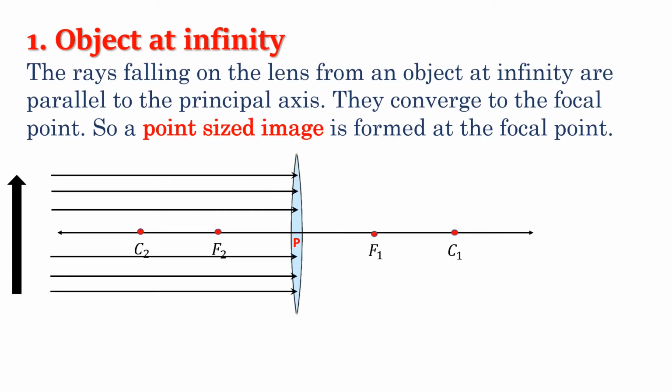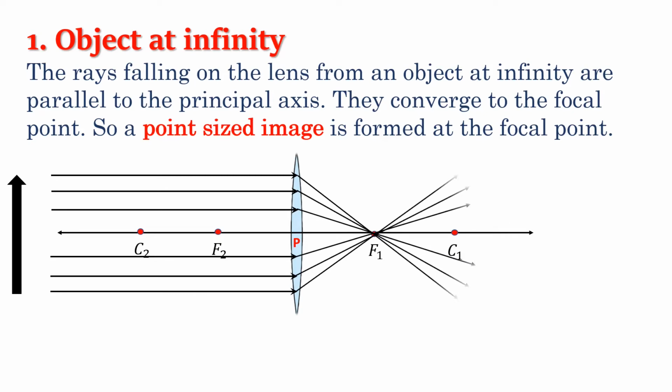As you know, the ray which is parallel to the principal axis, after refraction, will pass through the focus on the other side. So all these rays, which are parallel to each other and parallel to the principal axis, will go through the focus and the image is formed at the focus, which is point sized.